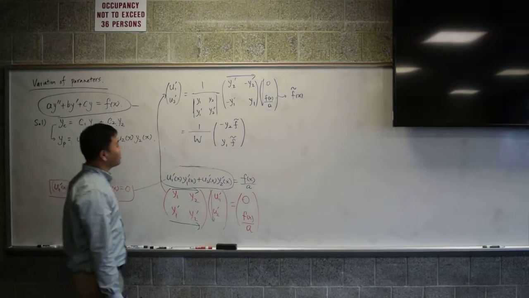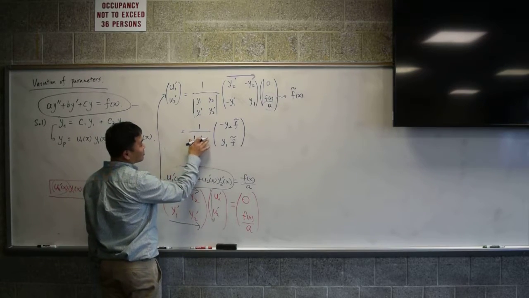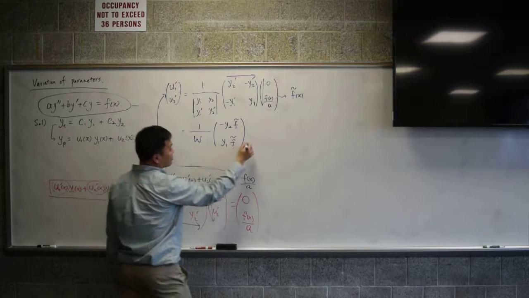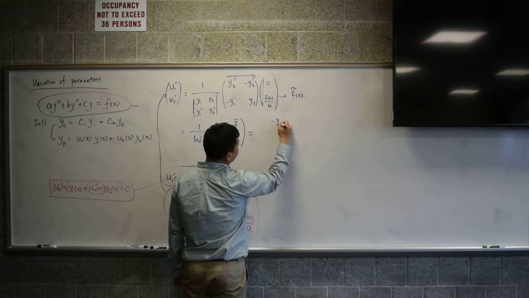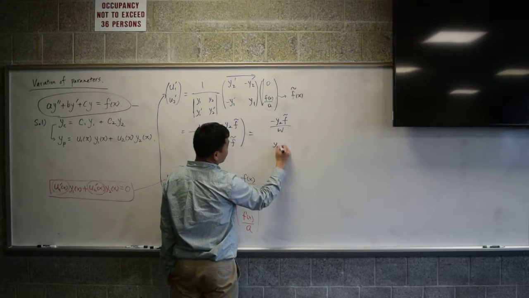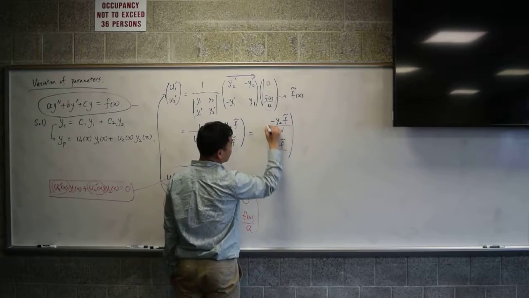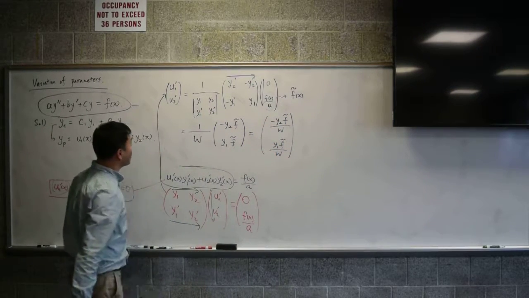And we're almost there, because now you can multiply 1 over W inside to get negative y2 f tilde over W, and y1 f tilde over W. You're almost there.